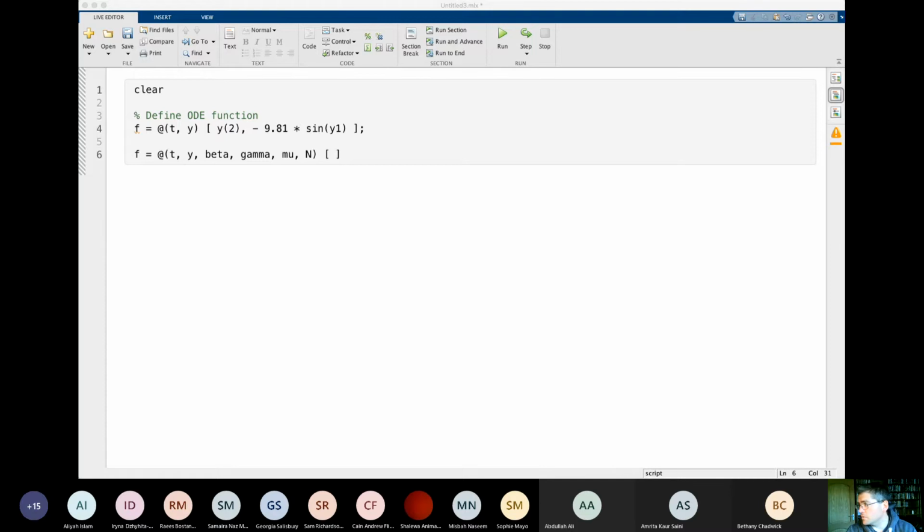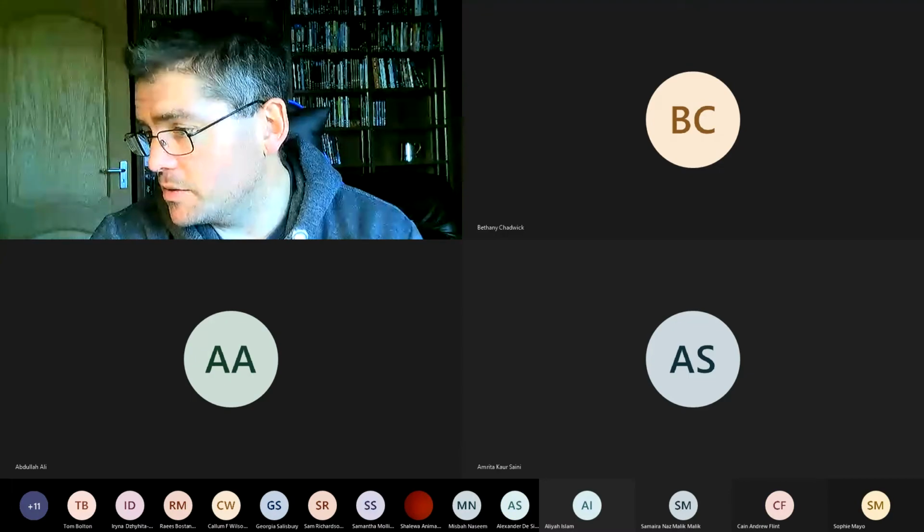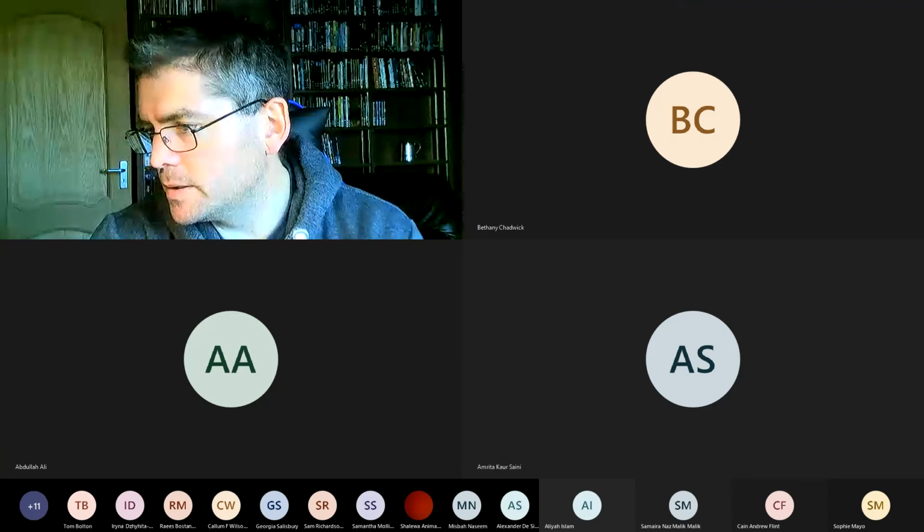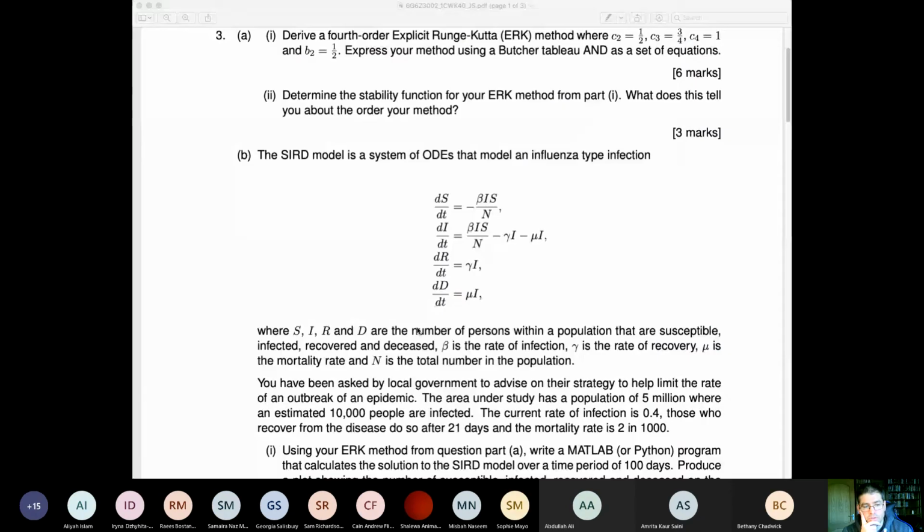Okay, so I'm just going to switch across to a different application. So this is the system you're asked to solve, S, I, R, and D. Those are your 4 equations, so your y vector would have 4 elements. y1 would be S, y2 would be I, y3 would be R, and y4 would be D. And your right hand side, you'd have minus beta S I over N, and then beta S I over N minus gamma I minus mu I, for example.